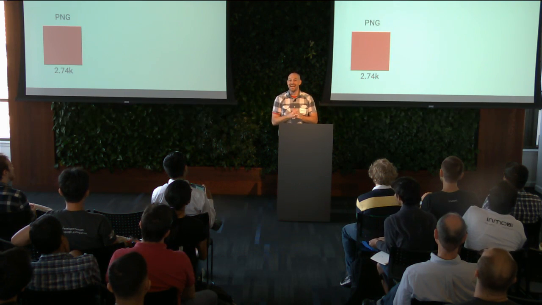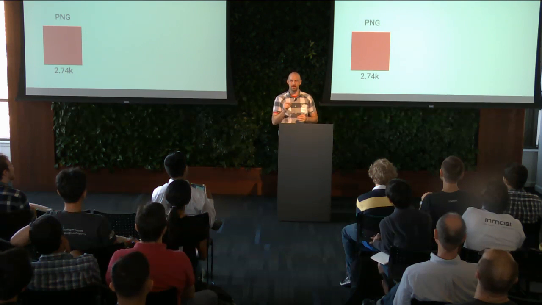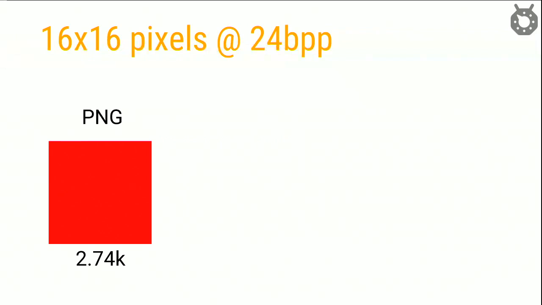Case in point, PNG, right? This is a 16 pixel by 16 pixel PNG file saved from Photoshop, at 24 bits per pixel. It's 2.74K. It's all red. There's nothing hidden there. 16 by 16, right? The reason for this is that PNG hides stuff in its file format.